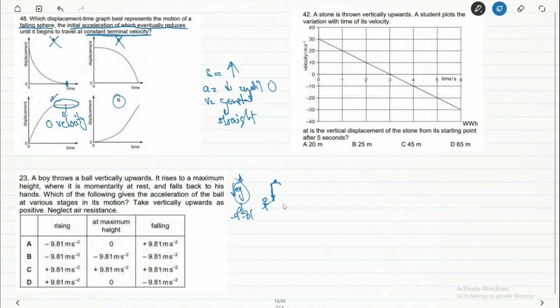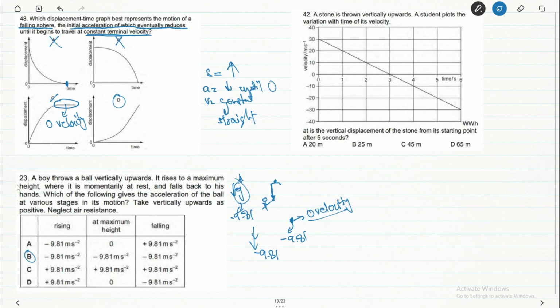The next phase is the stationary phase of the ball, where the ball is at zero velocity. But even though its velocity is zero, it is still experiencing the acceleration of G, which is negative 9.81. And then moving downwards, obviously it's increasing in speed, and the acceleration is negative 9.81. So this is the answer.